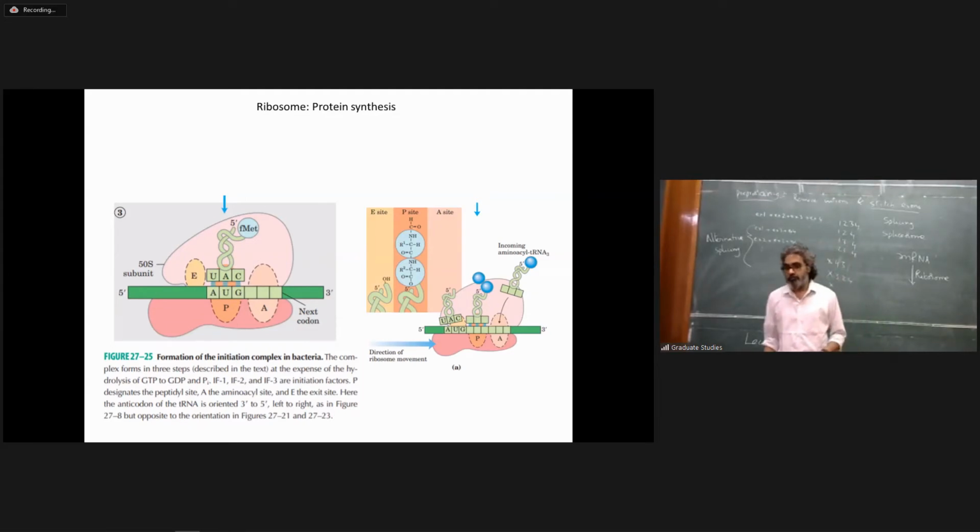is a multimeric complex consisting of RNA called ribosomal RNA, plus a lot of other proteins. The assembly itself has many other factors to assemble one ribosome.